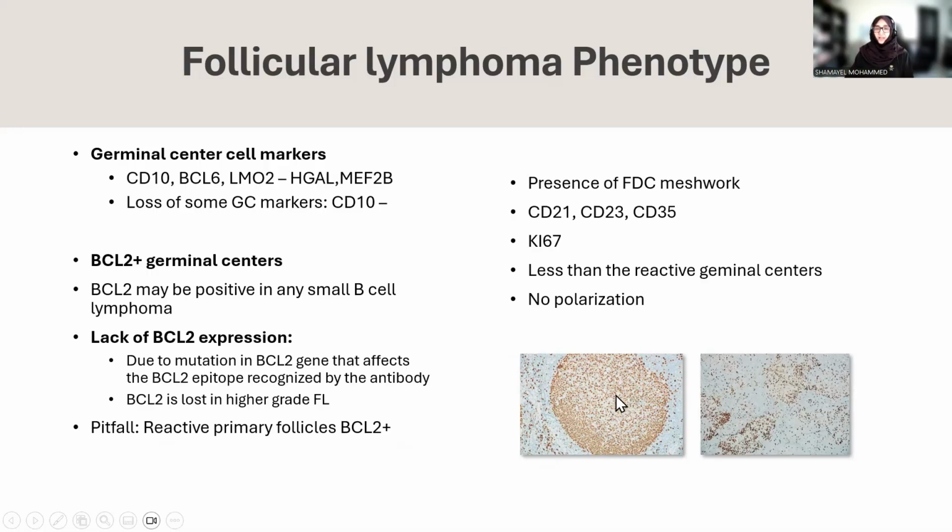As we said, the Ki67 in a reactive germinal center shows you this nice polarized pattern, and you expect it to be very high, whereas in the classic follicular lymphoma, which is grade 1, 2, and perhaps 3A, you have a lower Ki67. Of course, high Ki67 might be seen in a low-grade follicular lymphoma, but anything more than 30 would indicate a worse prognosis.